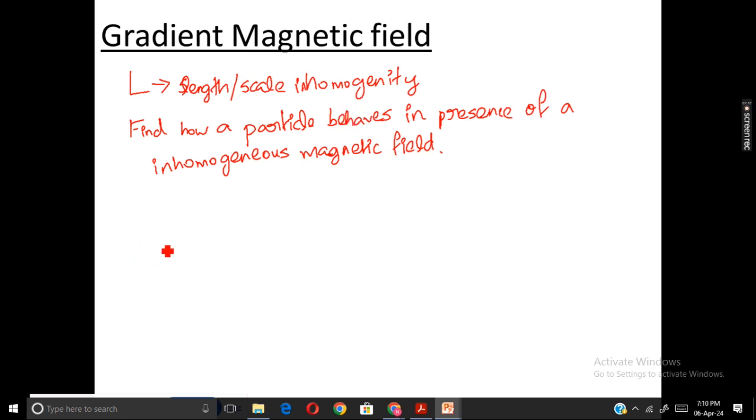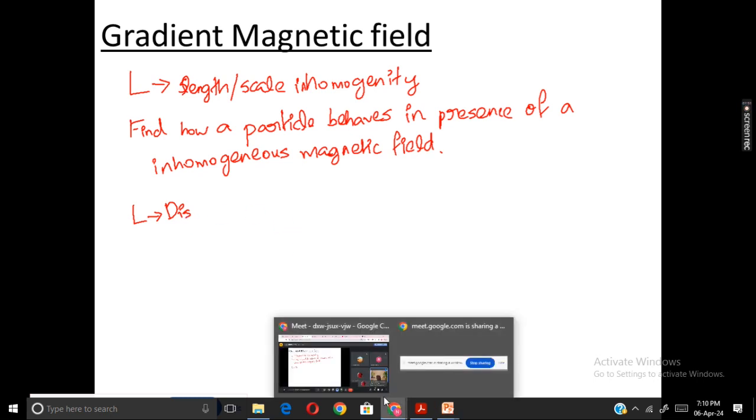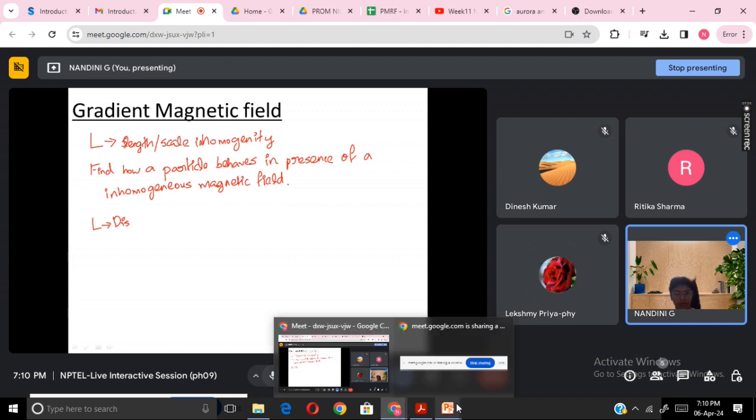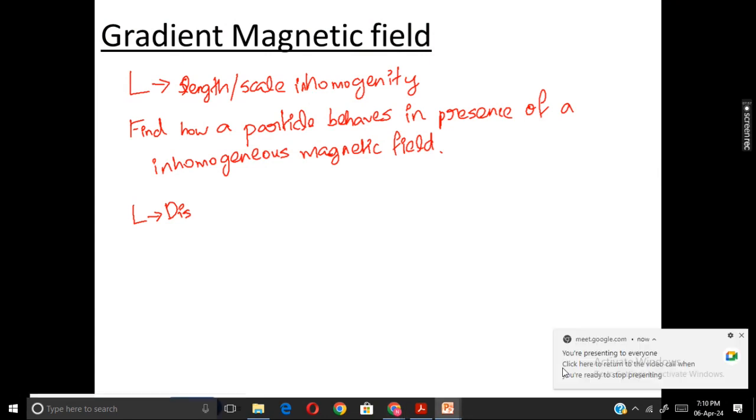So what does it mean? L is a distance. L is the distance after which the magnetic field becomes inhomogeneous.